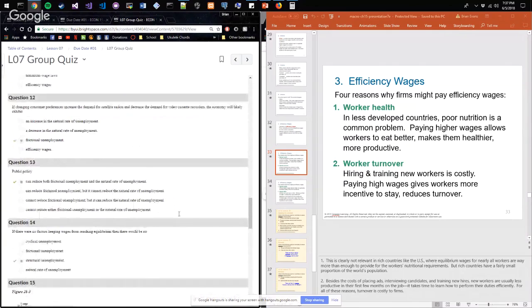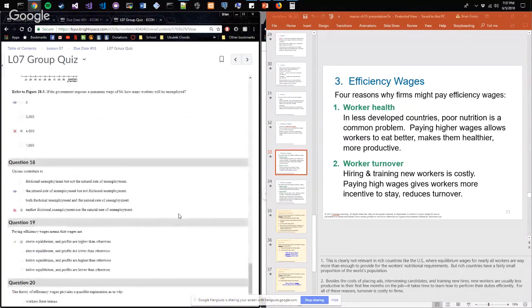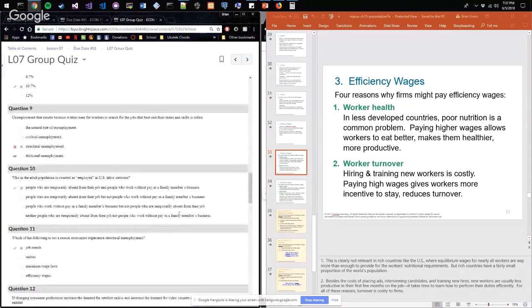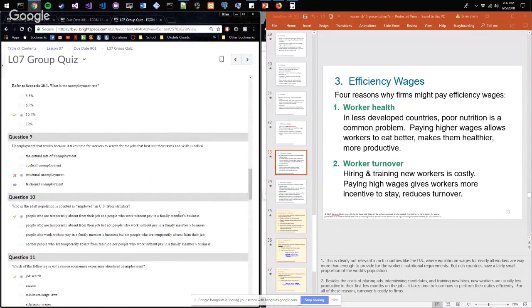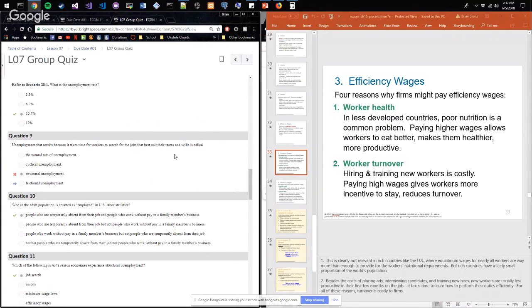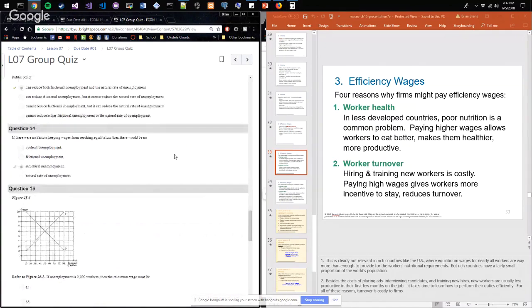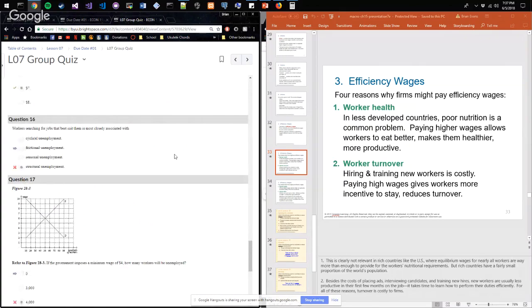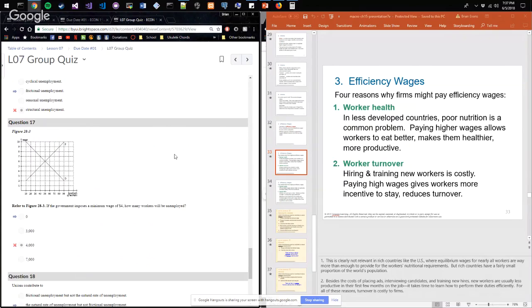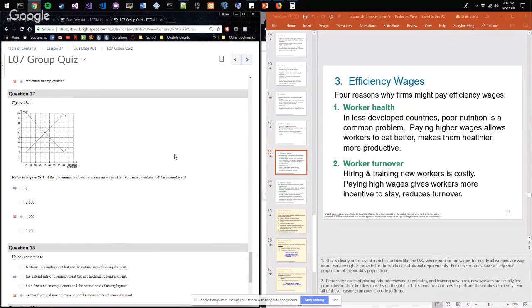So 9, 16, 17, and 18 were all wrong. 9, 16, 17, and 18. What? Yeah. Number 16? I thought for sure that one was right. I know. That one is frictional. Oh. Okay, so. And then apparently 17 was 0.